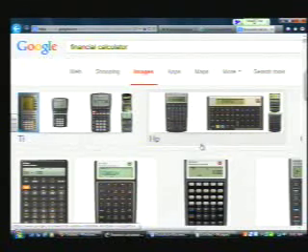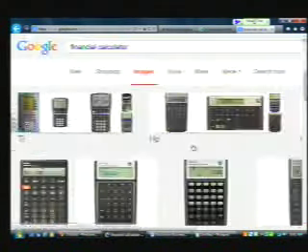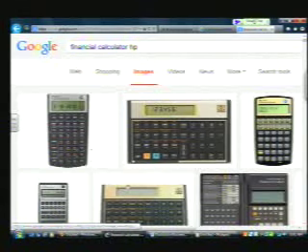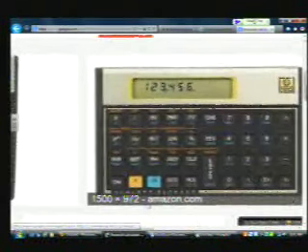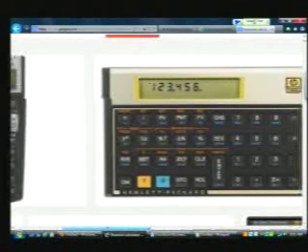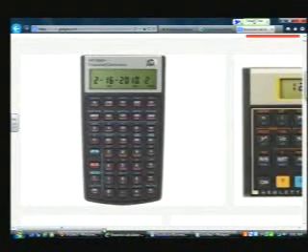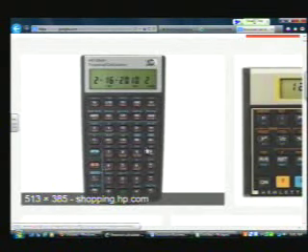It was an HP, and it looked almost identical to that one right there. That's what it looked like. It has all these wonderful keys on it for present value, future value, and I don't make students go out and buy one of these, obviously, for this course.